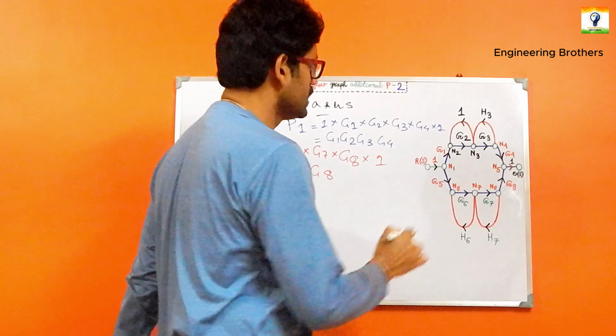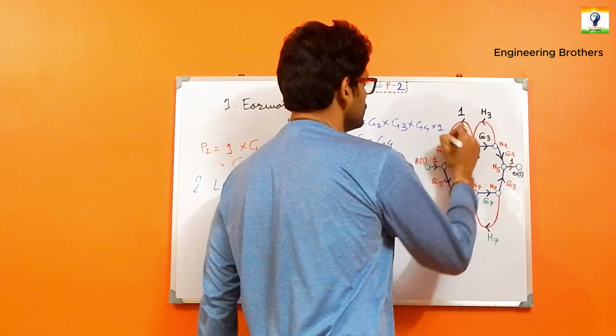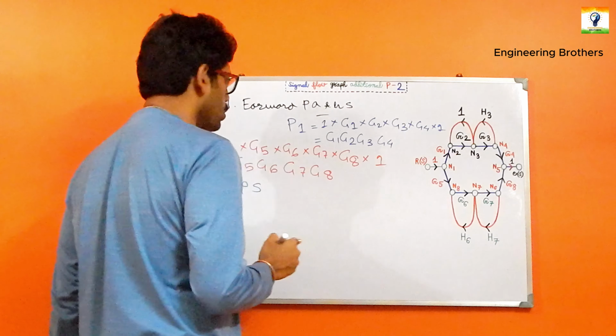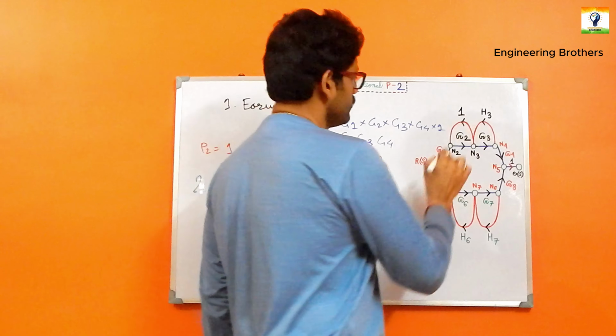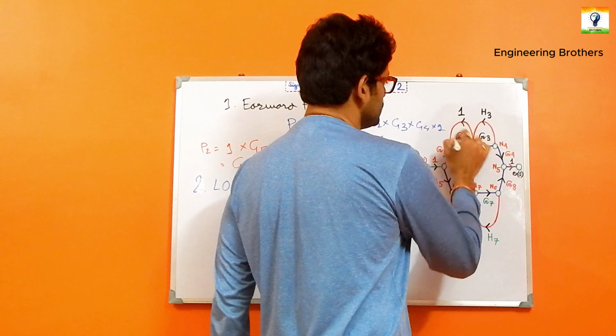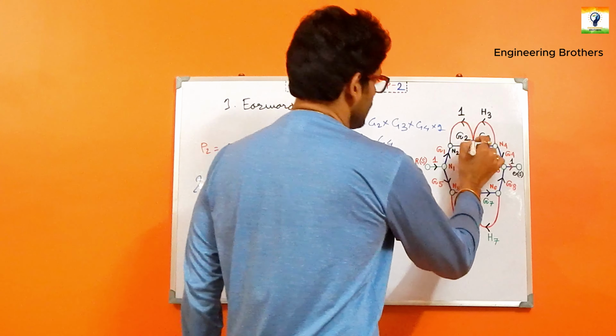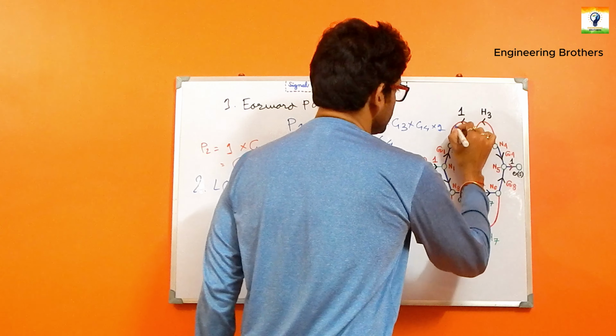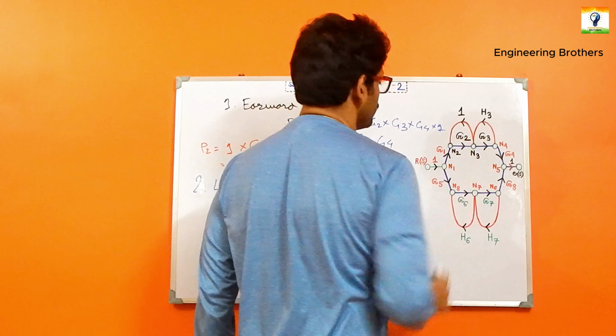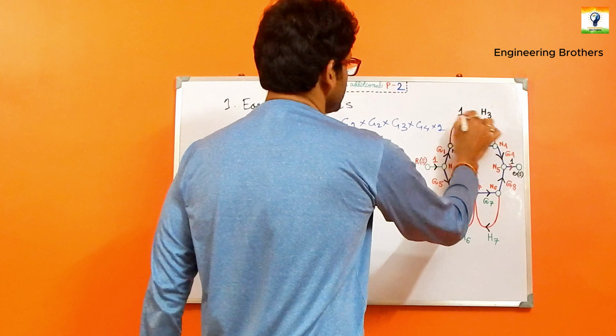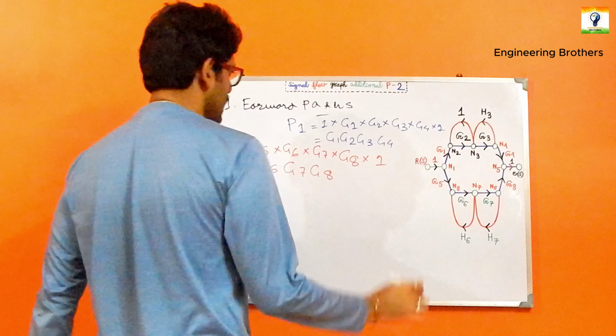It is actually making a closed path. That is why this has been called a loop. Now from N2 to N3, the gain is G2, and after N3, it has ultimately returned back to N2. Quite naturally, this one should be our first loop.